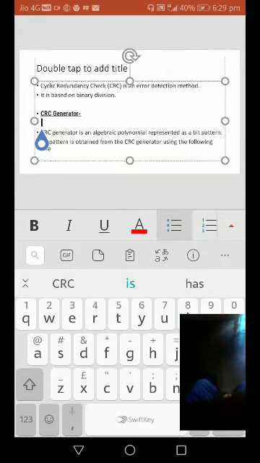The CRC generator is an algebraic polynomial represented as a bit pattern.